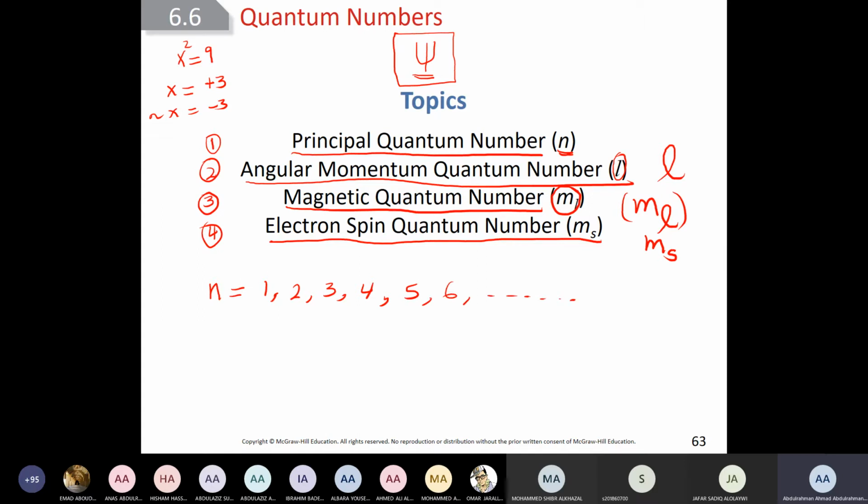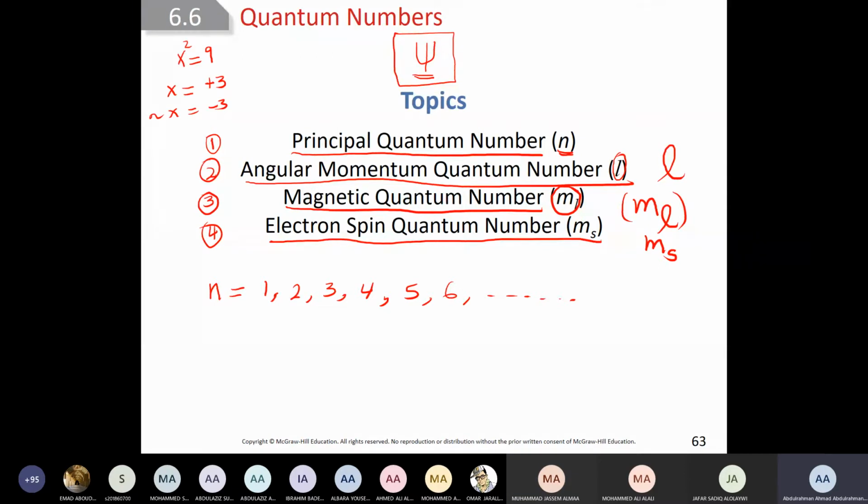So always, what is n? Principal quantum number. What are the values for n? Integer numbers, starting from 1, 2, 3, 4, and you can go to any number.